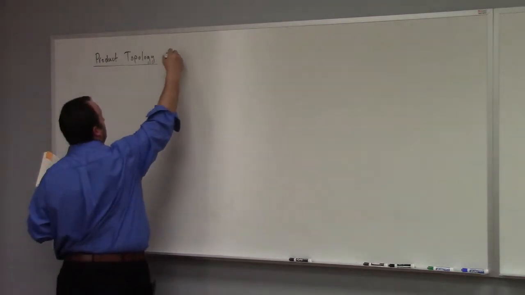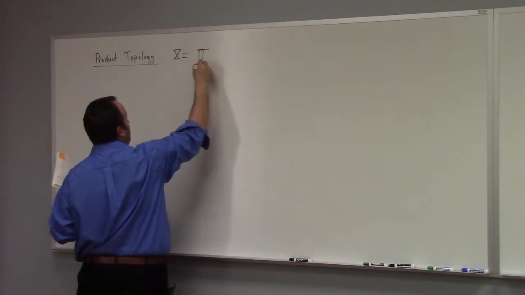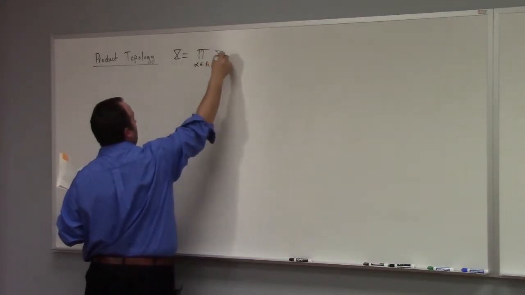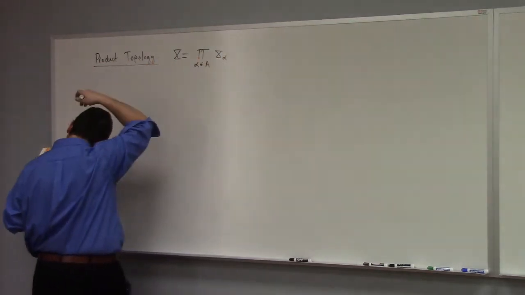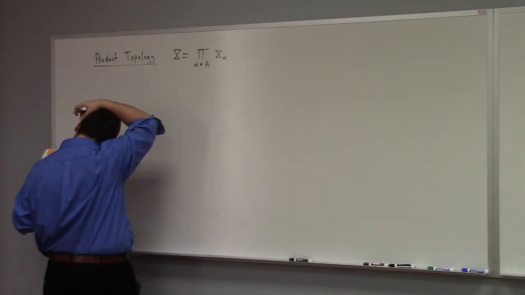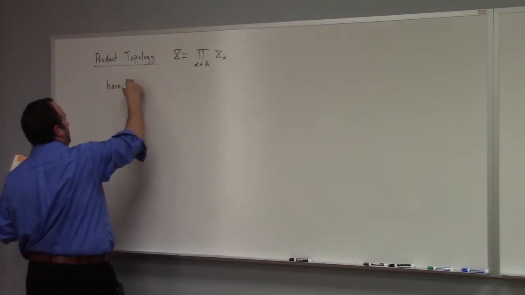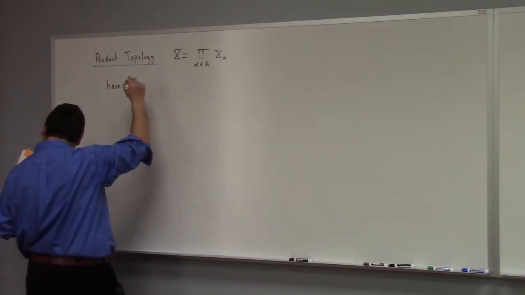So let X be the product over alpha in some index set A of X alpha, right? He says it has a base. What's the base for the product topology?